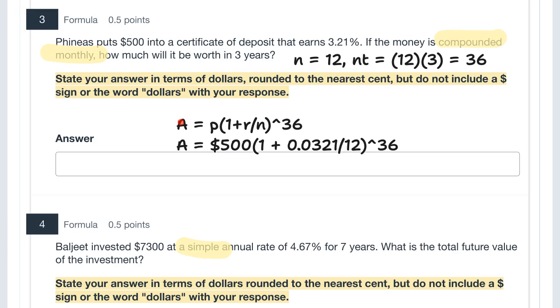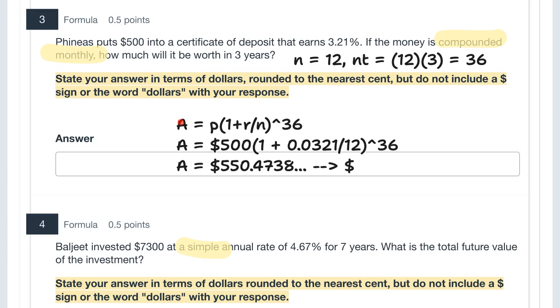All right, so grab my calculator. This is 500 times, open parenthesis, 1 plus 0.0321 divided by 12, close parentheses, and then I make my exponent 36. A is equal to 550.4738. This keeps going, and that is going to be money.